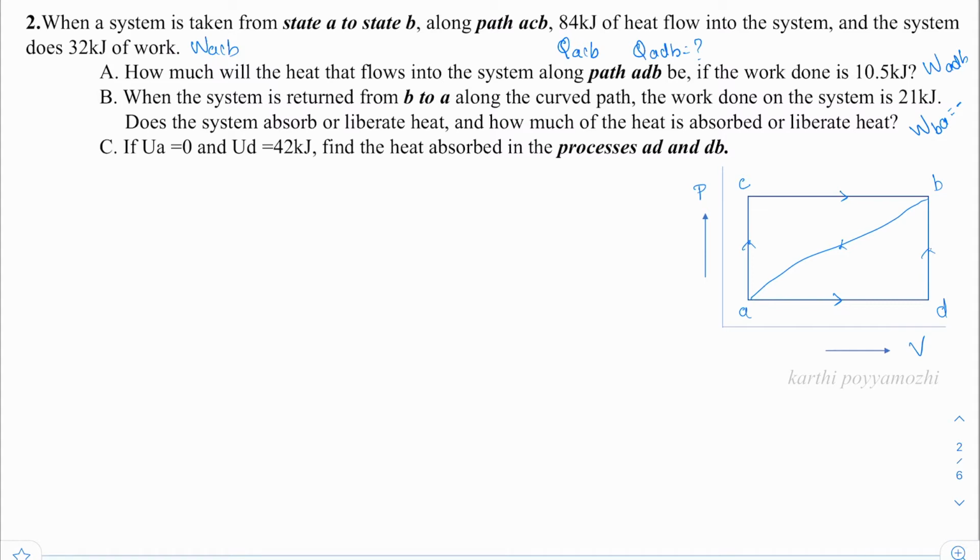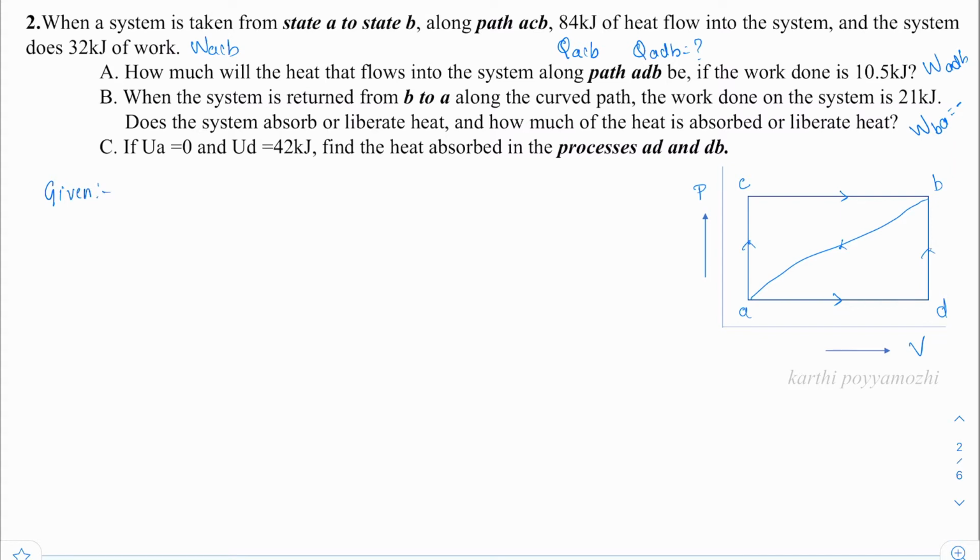And if UA is equal to 0 and UD is equal to 42 kilojoule, find the heat absorbed in the processes AD and DB. We have to find the amount of heat absorbed in the processes AD and DB. Okay, this is the question we have been given.